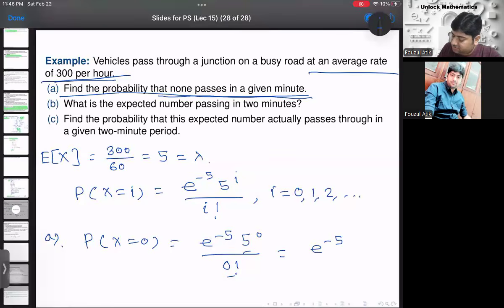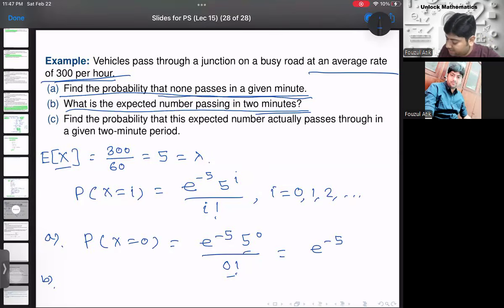Now look at the second question. What is the expected number of passing in 2 minutes? See, X was the random variable which was the number of vehicles per 1 minute. Now we have to calculate the expected number of passing in 2 minutes, right?